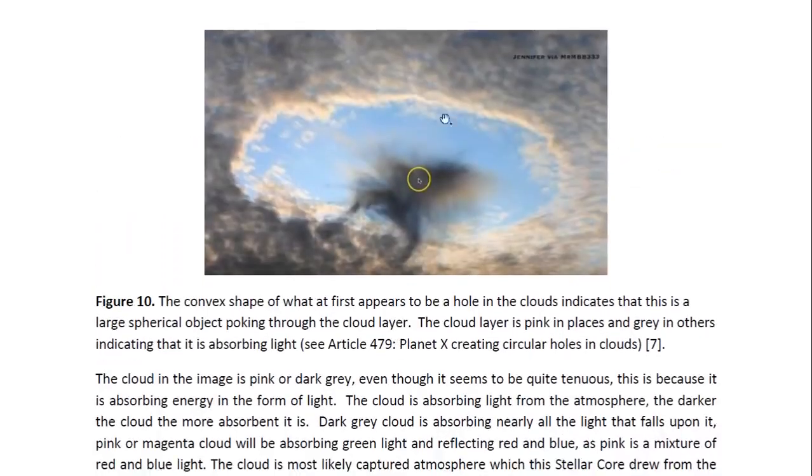Now, we also have these objects coming into the Earth's atmosphere. Just like they went into the sun's atmosphere, they come into the Earth's atmosphere. And you can see that this is an object because what seems at first to be a hole in the clouds, if you look carefully, is actually convex. In other words, it curves downwards.